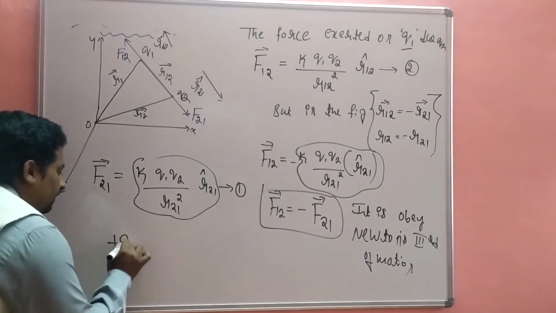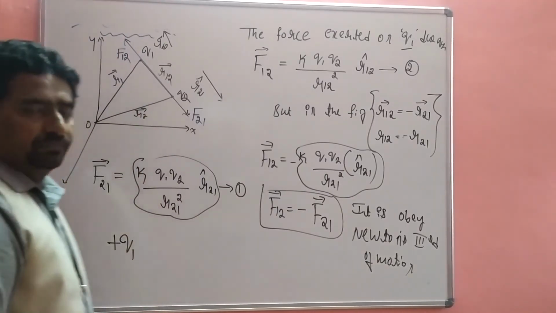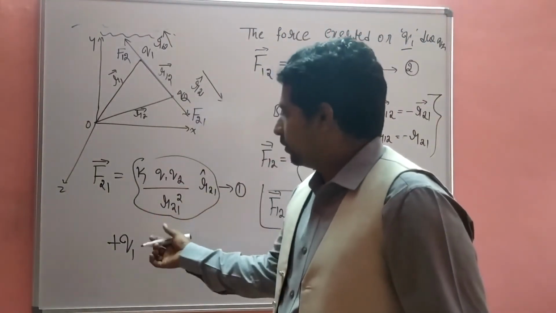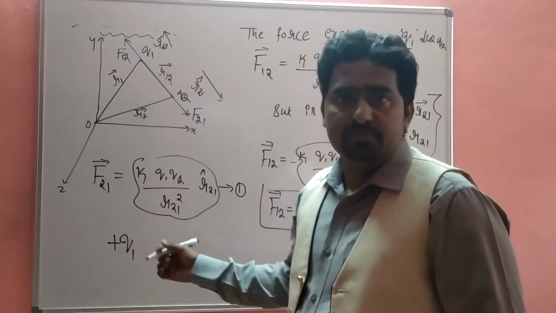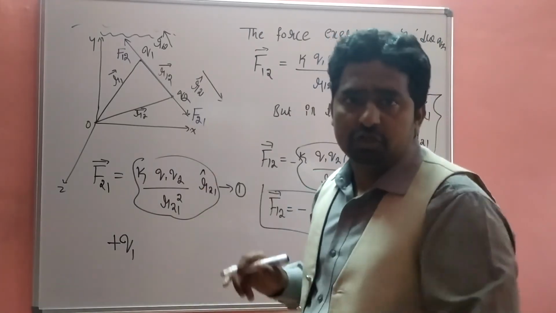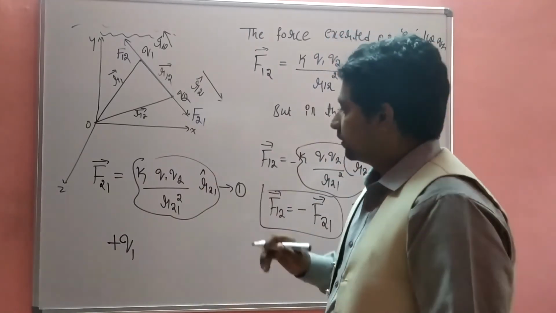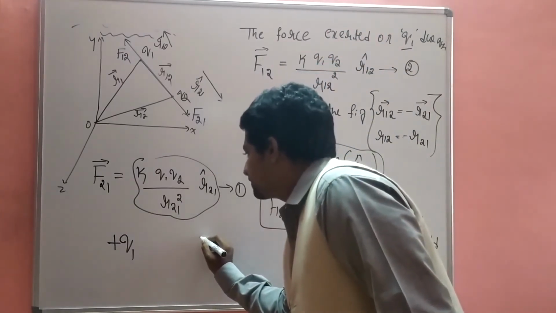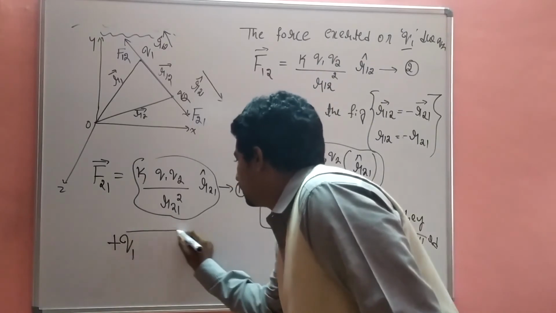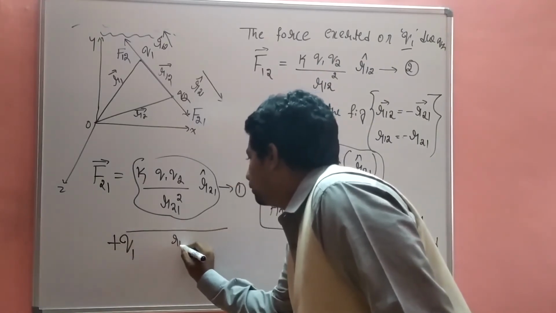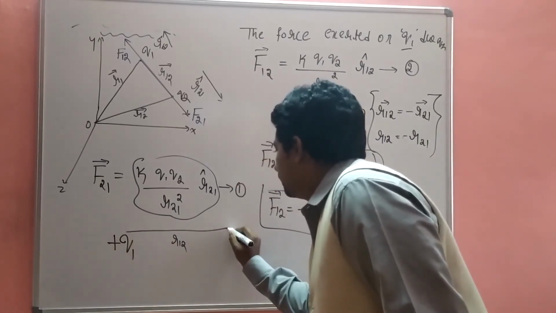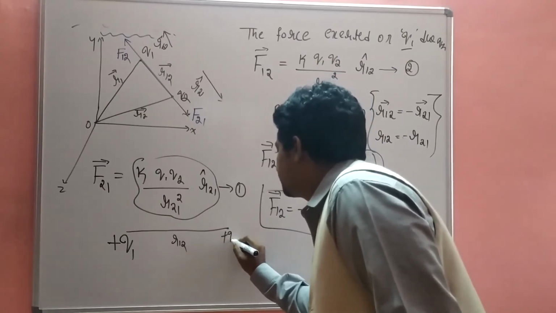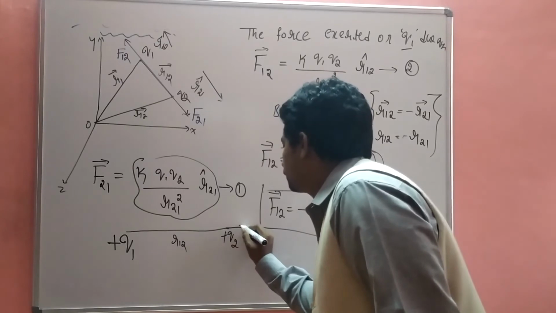You take the charge Q1. A single charge cannot produce the electrostatic or Coulomb force. You need another charge. I bring it to a small distance, R12, and keep the other charge, plus Q2.